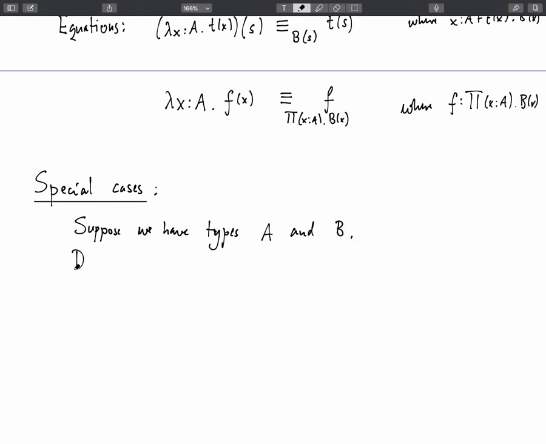And now define a dependent type C, which depends on x, by saying, well, this is just always B.